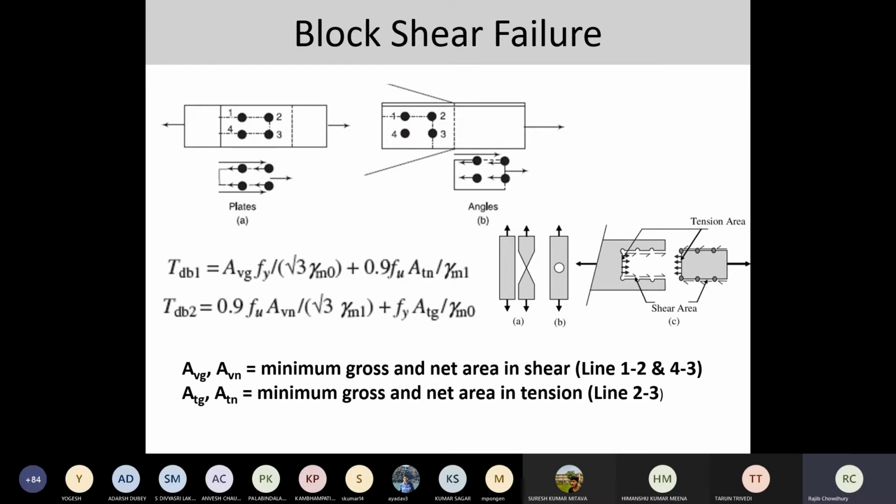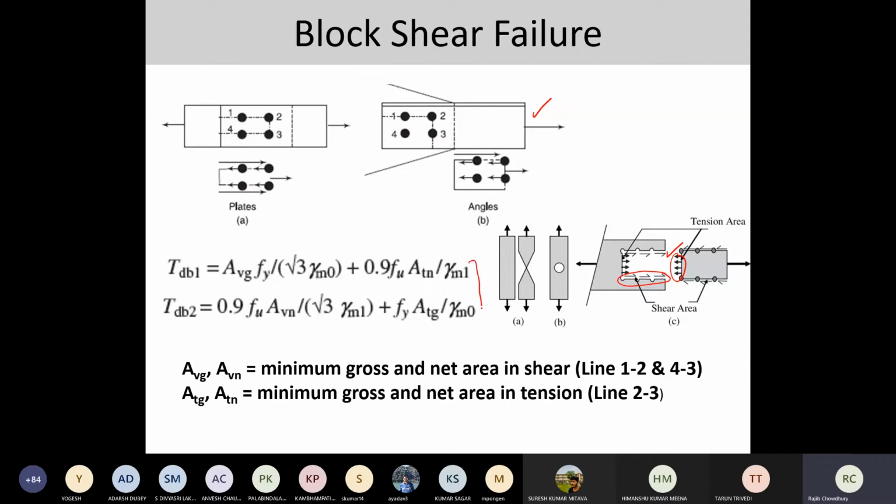These are the typical schematics being evaluated here. This particular portion is subjected to the shear area and the tension. This is the tensile force, because this tensile force is trying to make that entire block get out. Obviously the shear will also be acting simultaneously, so tension and shear both act together.